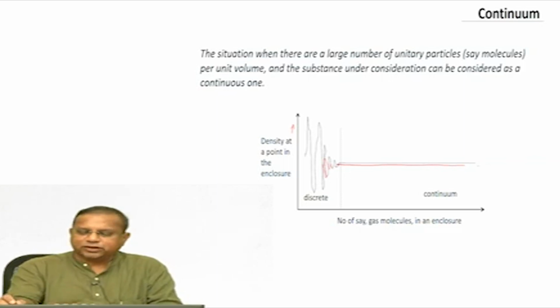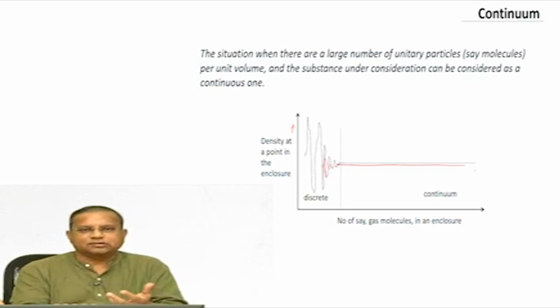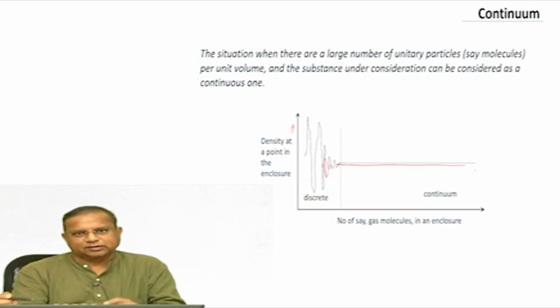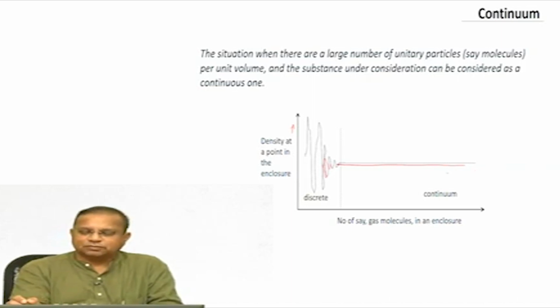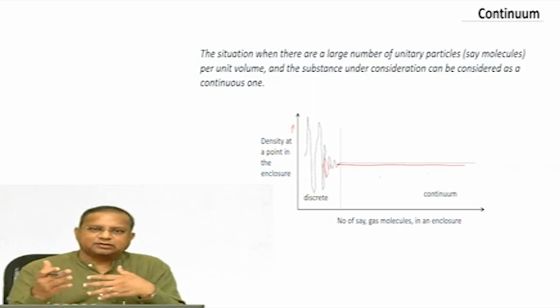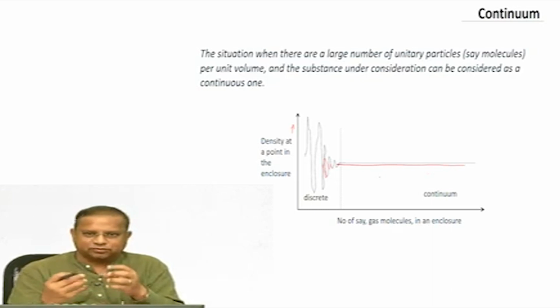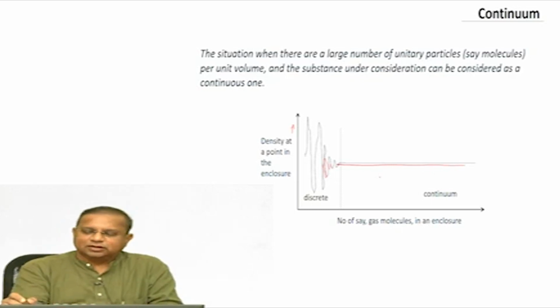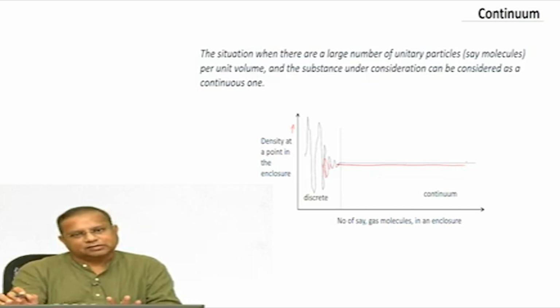This part is where the properties are continuous, and the mean free path is appropriate as in a normal gas. Mean free path is the distance traveled by the molecules before an average collision. This is the region where the continuum is applicable, the continuum region.